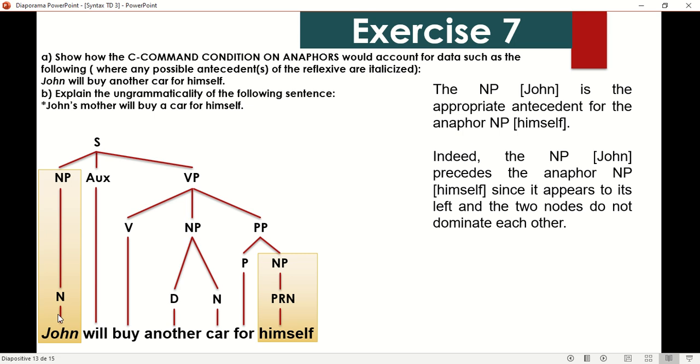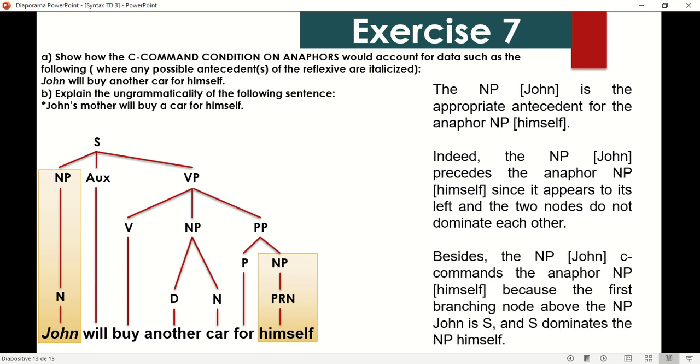So there is precedence. The second condition for the appropriate antecedent is that the NP John should command the NP himself. Now, we said that they do not dominate each other. That's one condition. The second condition is that every branching node dominating the NP John should also dominate the NP himself. What is the first branching node dominating the NP John? It is the sentence.